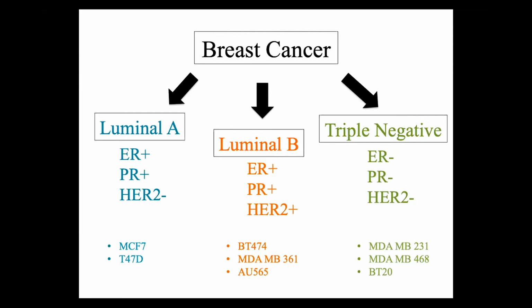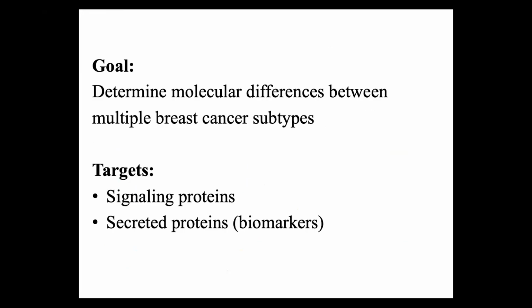So if ultimately our goal is to determine what subtype a breast cancer patient has, we first need to determine the molecular differences between the subtypes. And the best way to do that is to determine what the differences in signaling proteins are and in secreted proteins. Signaling proteins are the proteins inside the cells that allow the cell to interact with its environment, and that does not involve actually excreting proteins into the extracellular matrix.